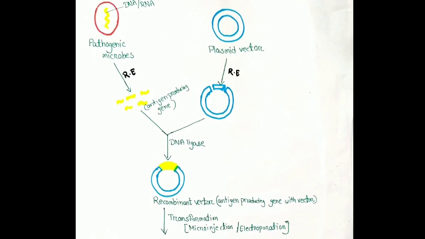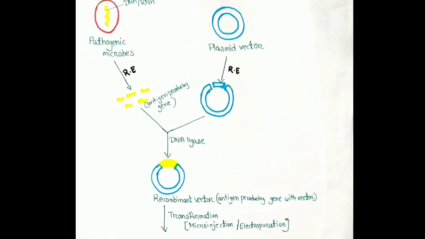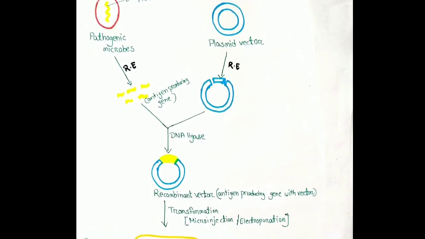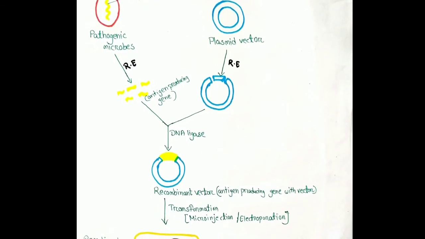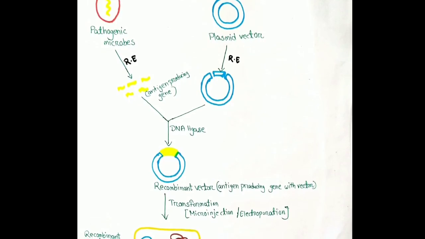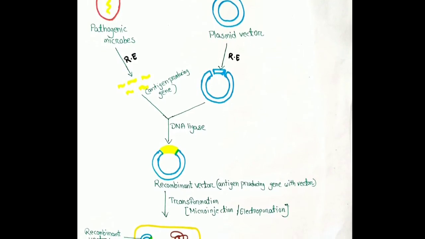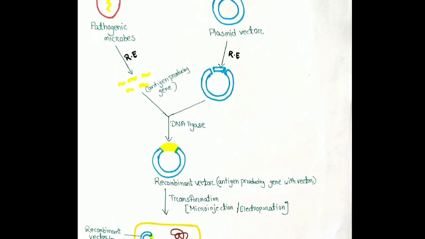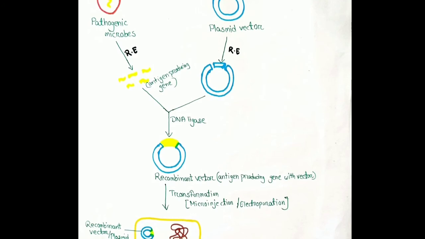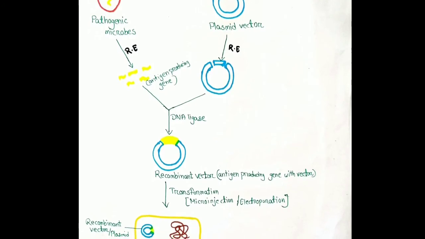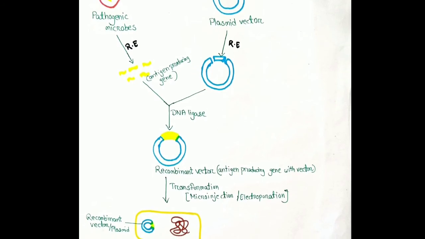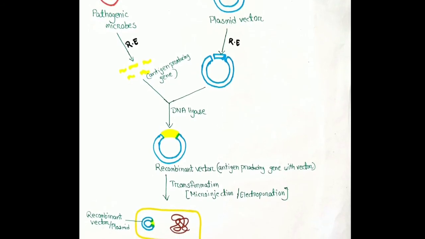After fragmentation, using the gel electrophoresis process, separate those fragments and collect the desired antigen producing gene. Then amplification occurs using polymerase chain reaction. Prepare several copies of those antigen producing genes for the production of vaccine.